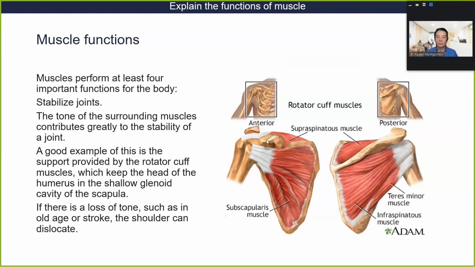So as you can see, the muscles contribute to the stability of a joint. They hold the joint in place. If the muscles are broken or they're not there, the joint can fall apart. That's why exercise is so important to maintain joint health.